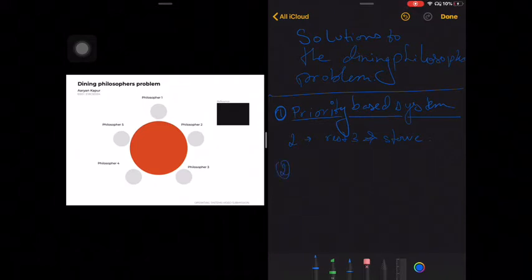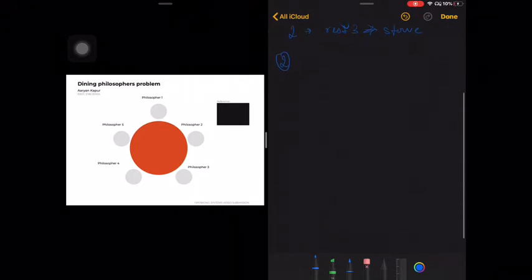Now looking at the second method, what we try to do is ensure that this kind of situation does not occur. This is basically the checking method.